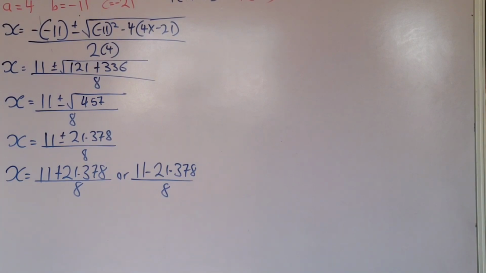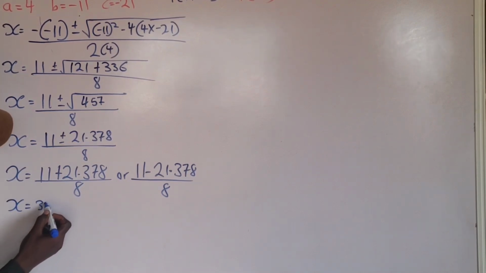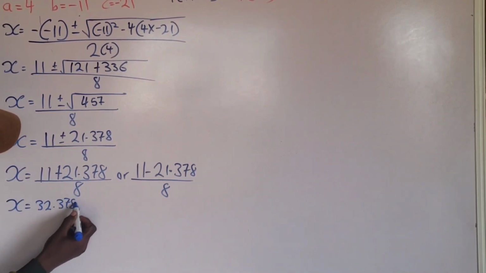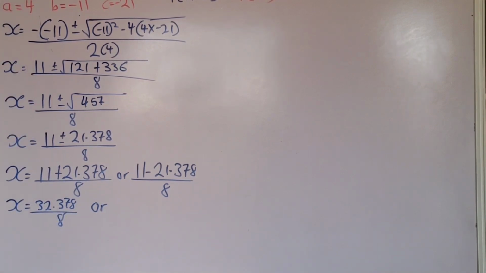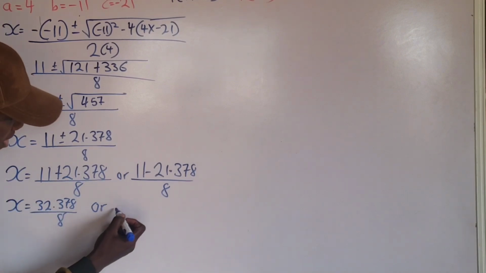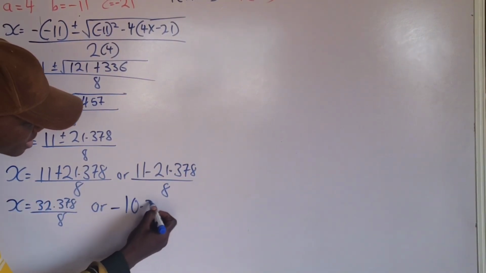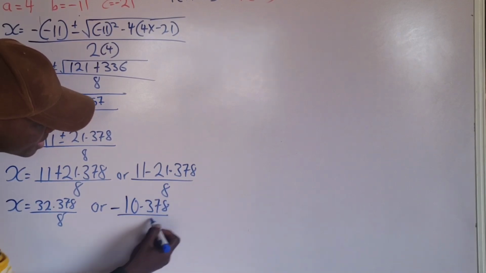Okay, now 11 plus 21.378, that is 32.378. So x is equals to 32.378 all over 8, or 11 minus 21.378, that is negative 10.378. So here I'm going to have negative 10.378 all over 8.